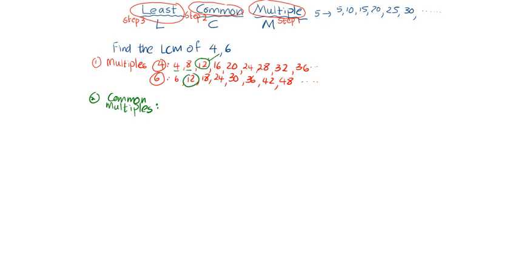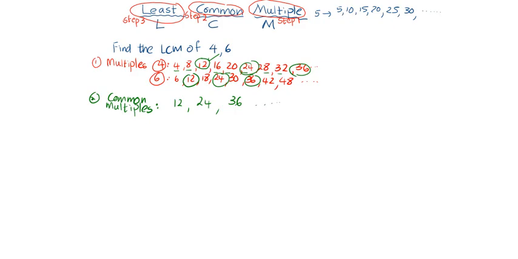Let's write down 12. I don't have 16, there's no 20, but 24 is also common. There's no 28 or 32, but there is a 36. Obviously there will be more if you continue the multiples.